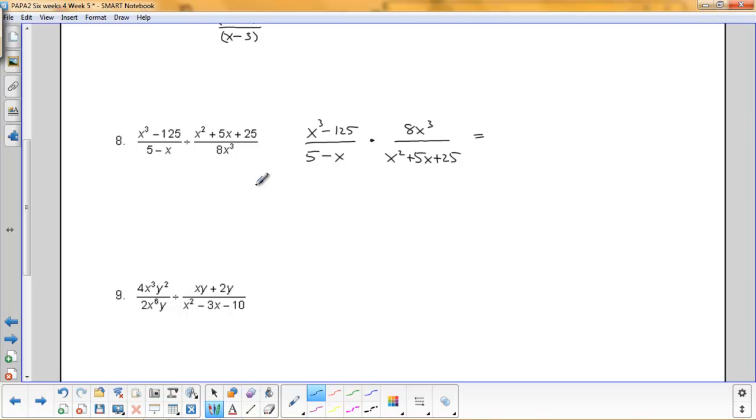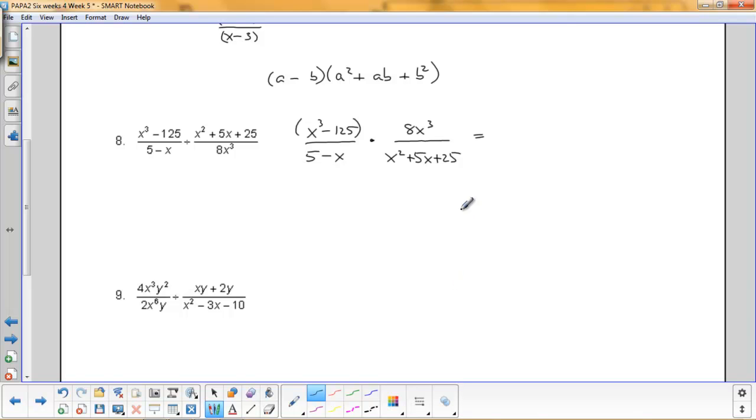All right, now for those of you who are perceptive, this is the difference of cubes. That's going to be a minus b times a squared plus ab plus b squared. And we use our SOAP: same, opposite, always positive.